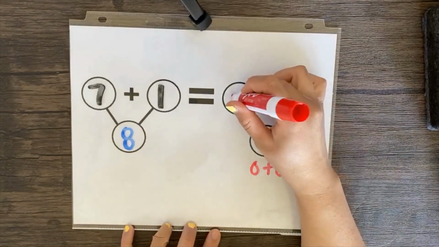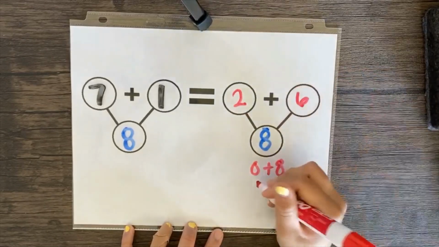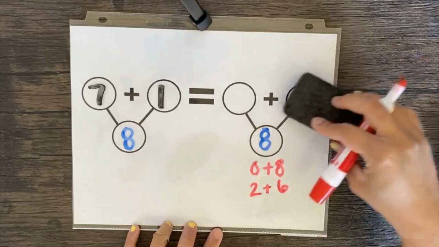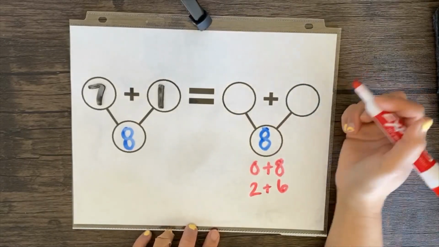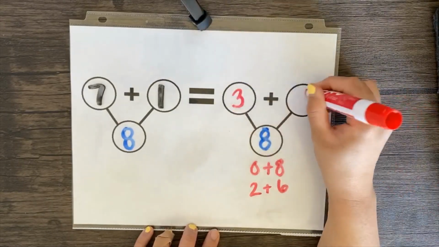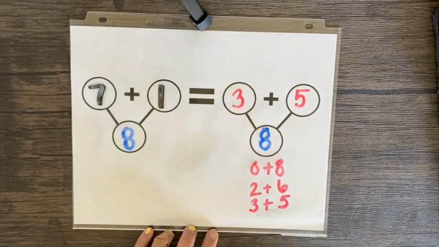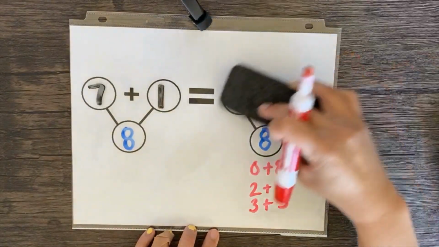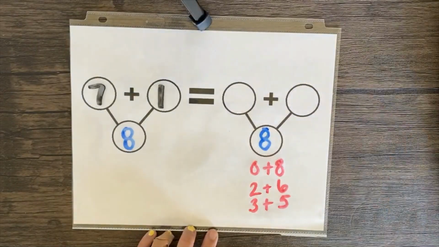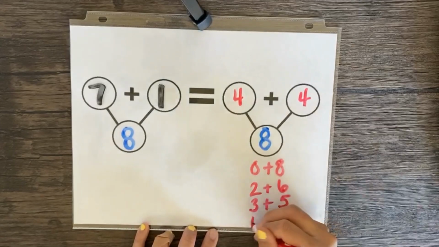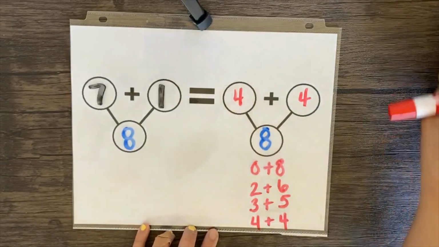Great. 2 plus 6. Great. 3 plus 5. What's another combination? Great. 4 plus 4. That's also a doubles. Great job.